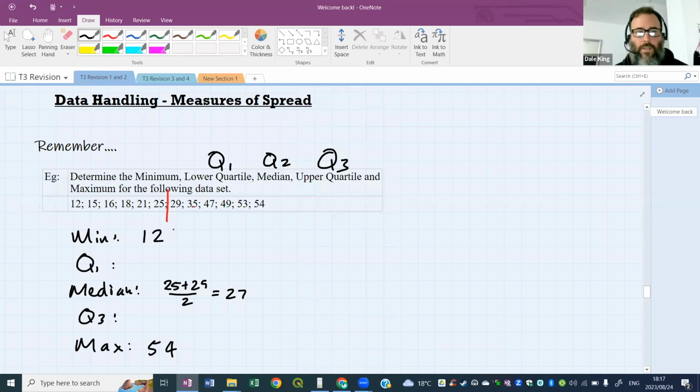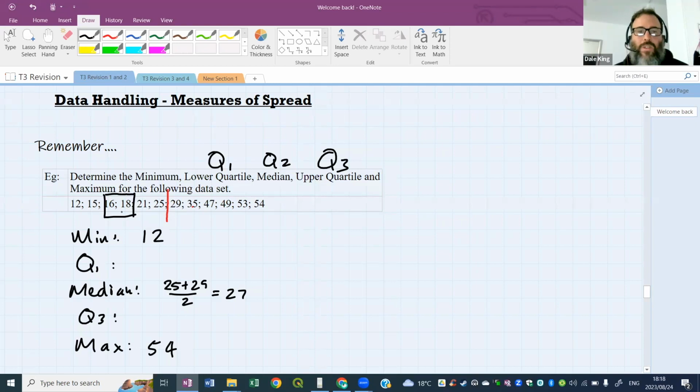That's 16 and 18. Yes, because if you count the numbers to the left of the middle, there are 1, 2, 3, 4, 5, 6 numbers. It's an even data set, so that's two numbers in the middle. And you said there were 16 and 18. Okay. So be careful, those people that said that 16 was the middle.